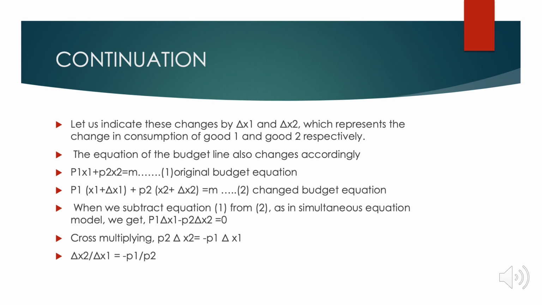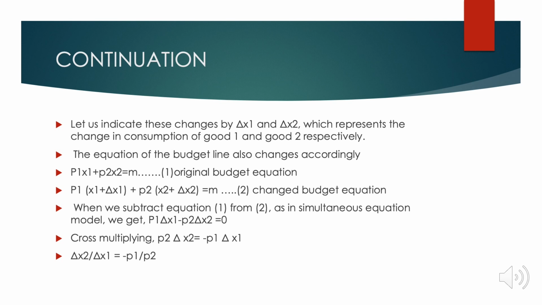P1x1 plus P2x2 is equal to m was the original budget equation, and it changes to P1 into (x1 plus delta x1) plus P2 into (x2 plus delta x2) is equal to m. When we subtract equation 1 from 2, as in a simultaneous equation model, we get P1 delta x1 plus P2 delta x2 is equal to 0.